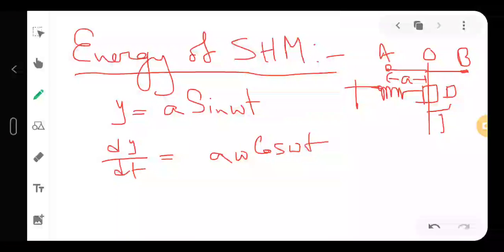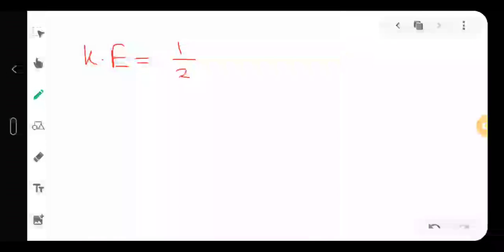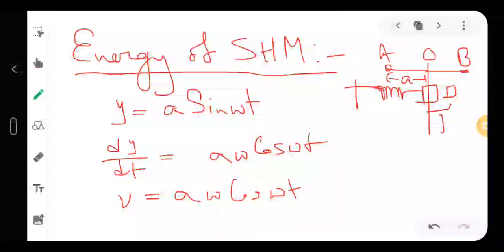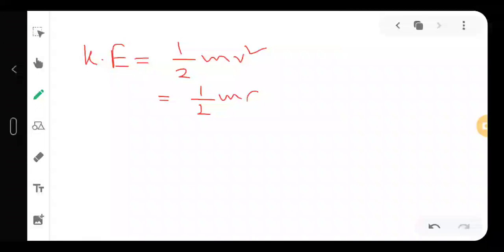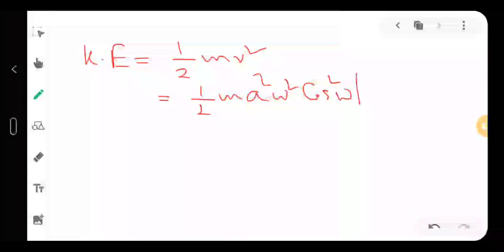So that is my velocity, because I know that the rate of change of displacement with time is the velocity. So what will be the kinetic energy? Let us find out. The kinetic energy here will be half m v square. So that is half m, and instead of v square I can write a square omega square cos square omega t, right?